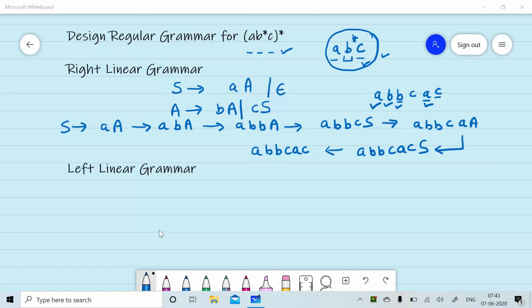Now we will generate the left linear grammar for the same problem, (ab*c)*. So the minimum string is null. So S can give you null. Now the last symbol is c. So we want to repeat ab*c one or more times.